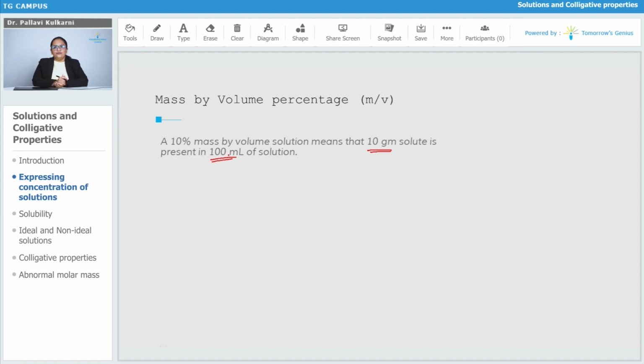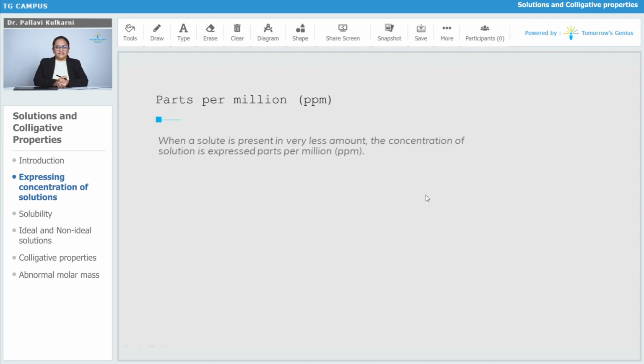So this is how we can express the concentration of the solution by these three units: the mass percentage, volume percentage, and mass by volume percentage. The fourth way to express the concentration is the parts per million, abbreviated as ppm.